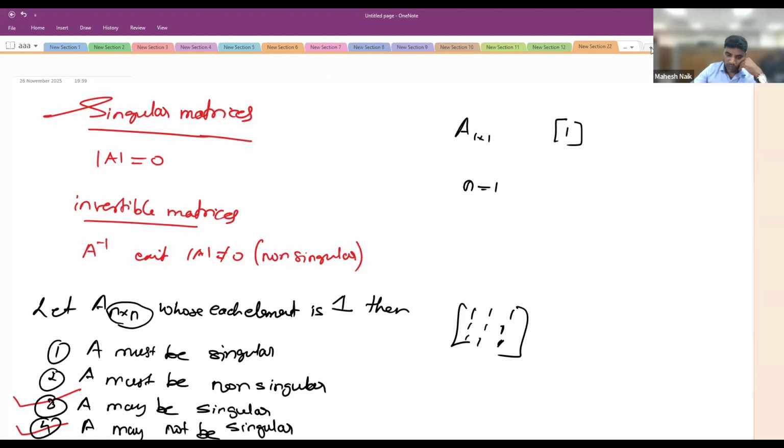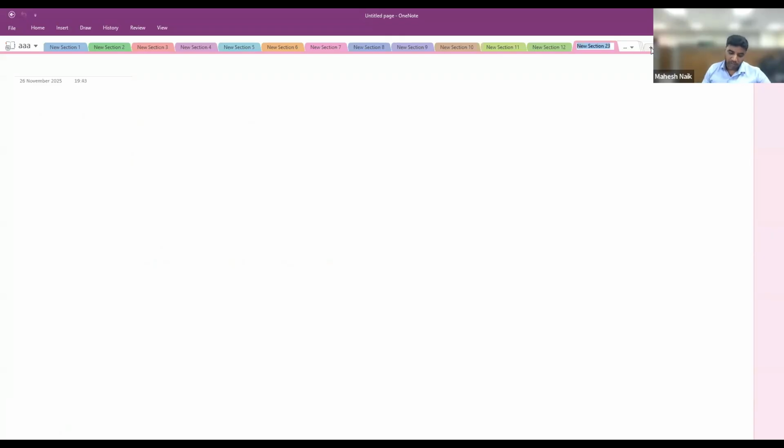Let's proceed forward with the concept of invertible matrices. A necessary condition for the existence of the inverse of a matrix is that it should be non-singular. Let's take an example.